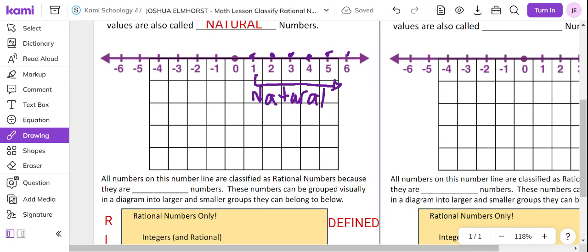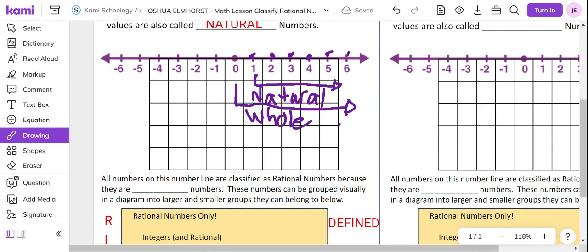And then all of these numbers, 1, 2, 3, 4, 5, 6, they're called natural numbers, but they can also be called whole numbers. But the whole numbers group will be starting with 0.